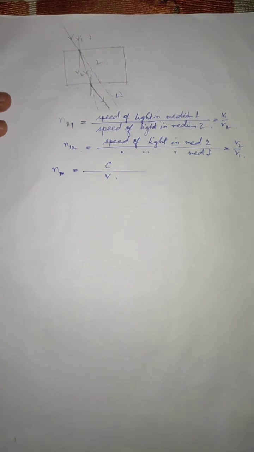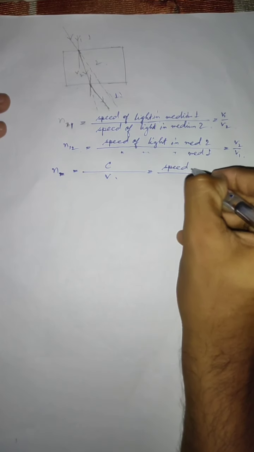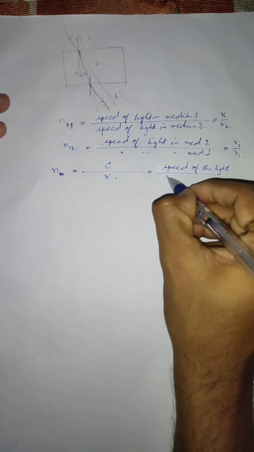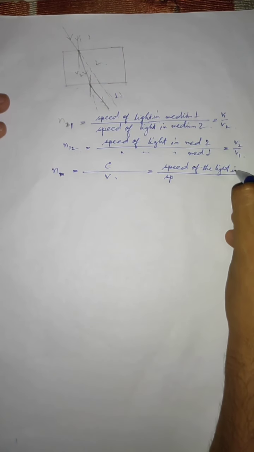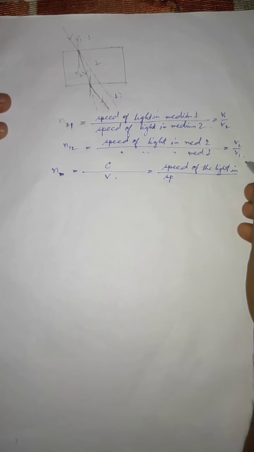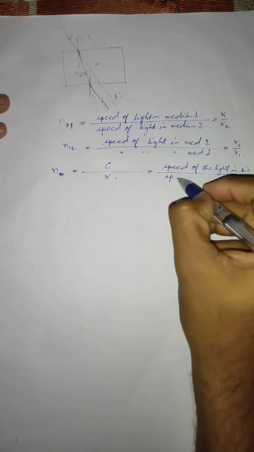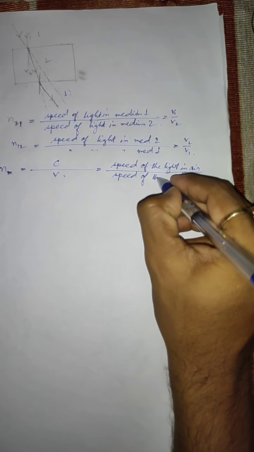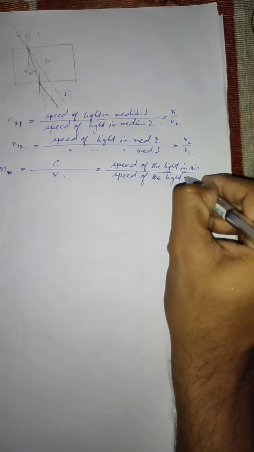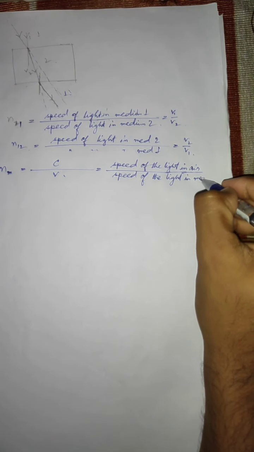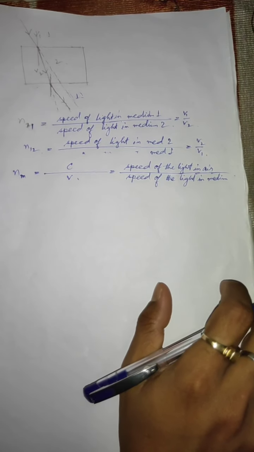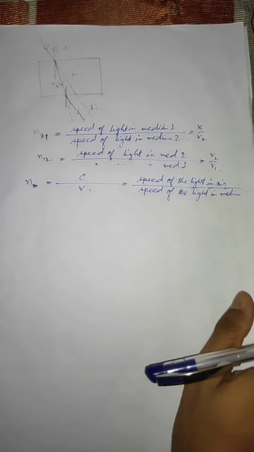This is also given in your book. c means the speed of light in air, and v is the speed of light in the medium. Medium means the given medium. Usually the light enters the medium from air. That's why this is given.